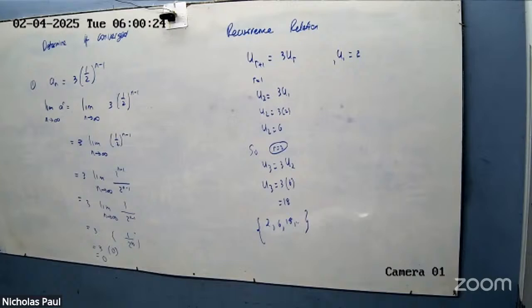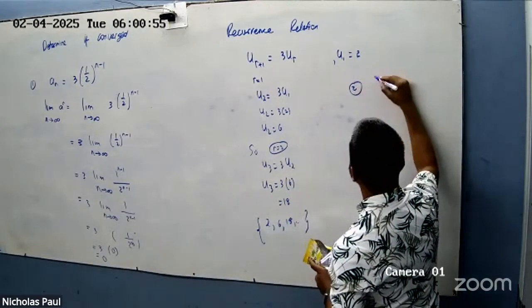Right, number 2. Write the first 4 terms of the recurrence relation.